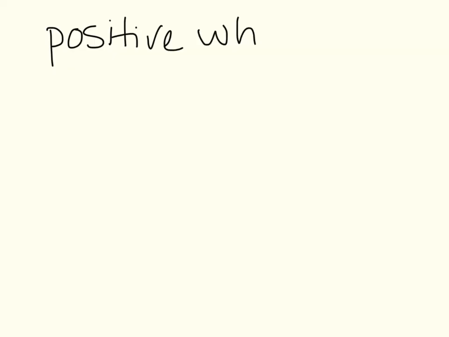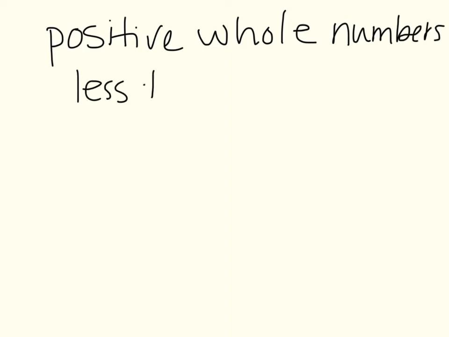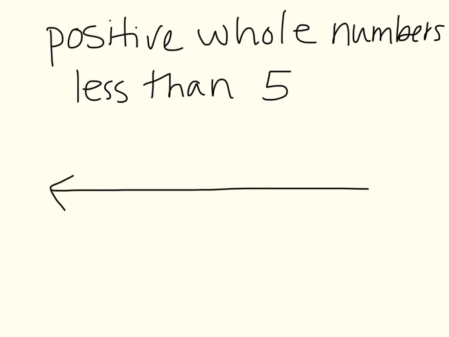Let's try drawing another number line together. This time we're going to represent positive whole numbers less than 5. Okay, so we're going to start with a horizontal number line. It says we want less than 5, so I probably want to make at least 5 or 6 lines.